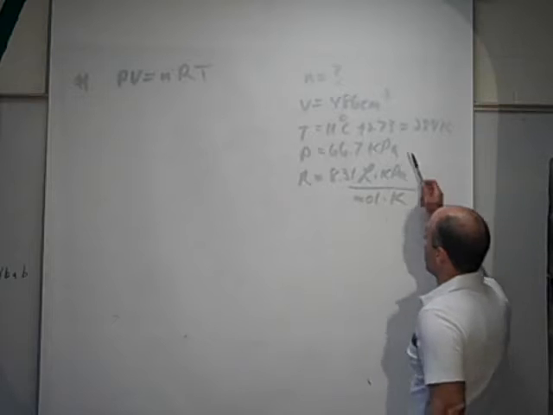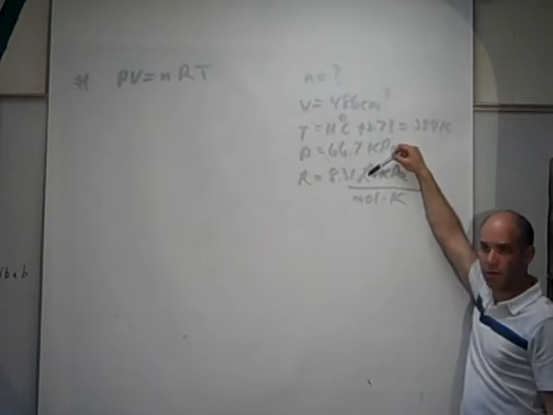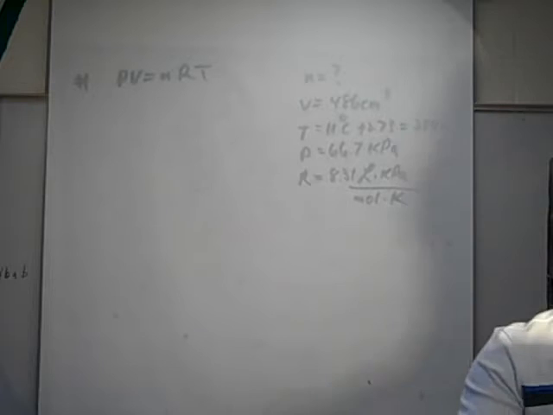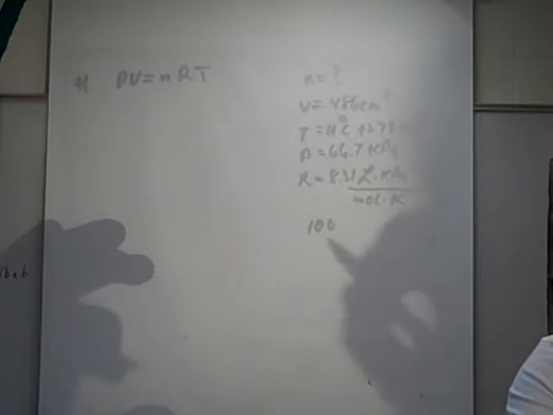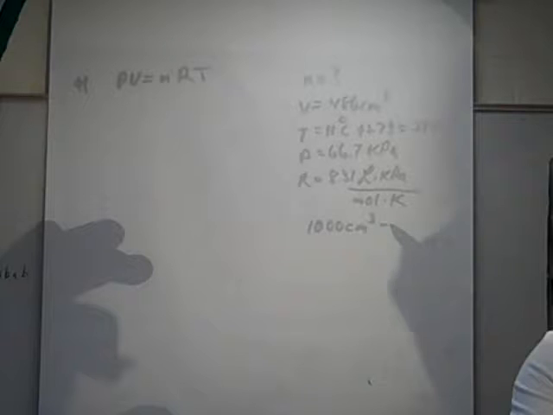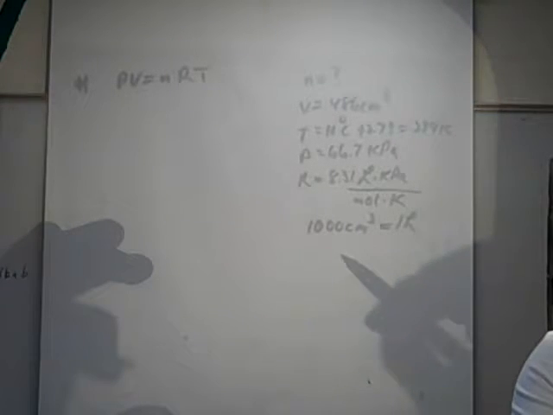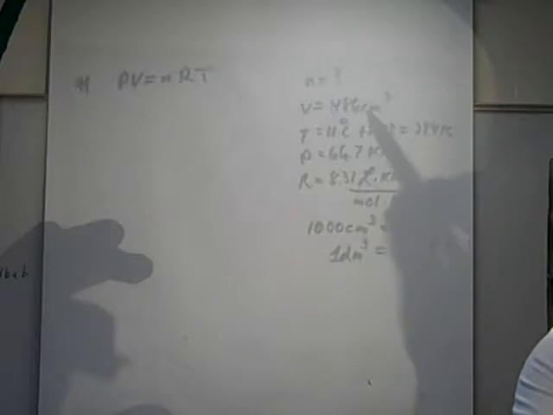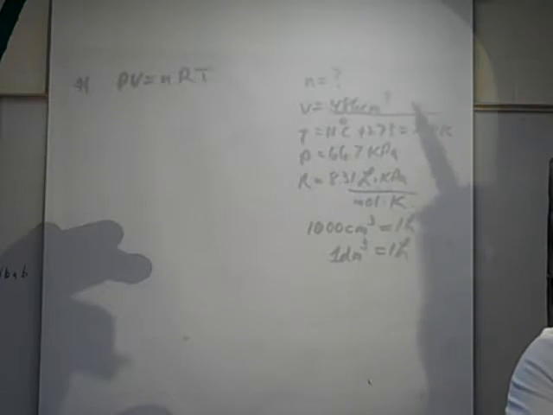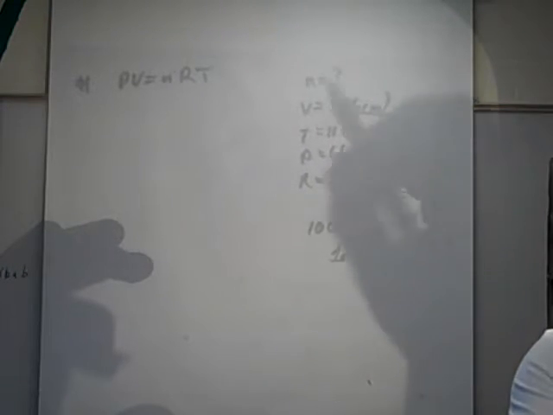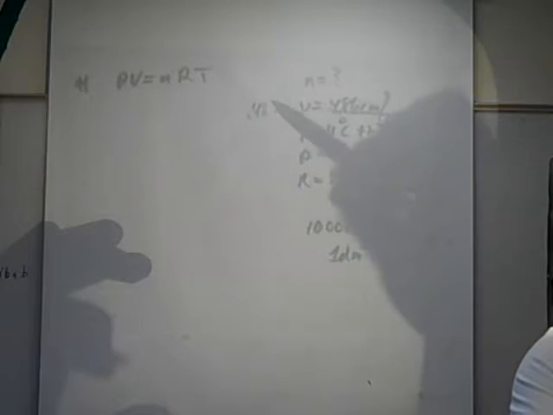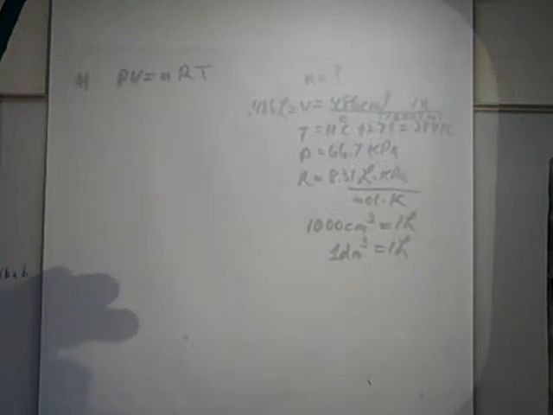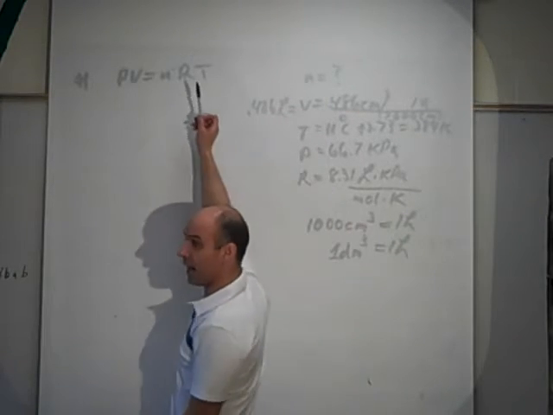So how do I get my volume into liters? 1 liter is 1,000 cubic centimeters, and 1 decimeter cubed is 1 liter. Since they gave it in cubic centimeters, we divide by 1,000, so that equals 0.486 liters. Now we have everything we need, and all we have to do is solve for n.